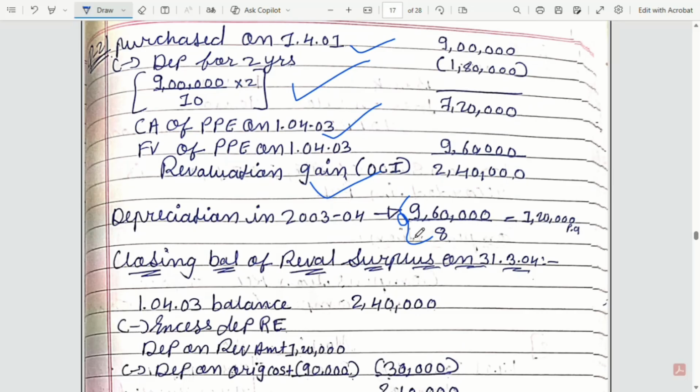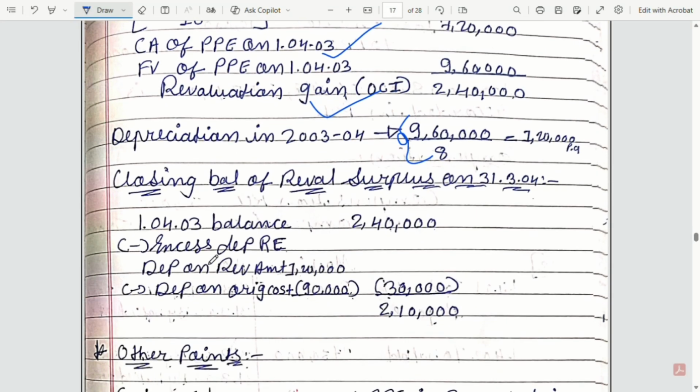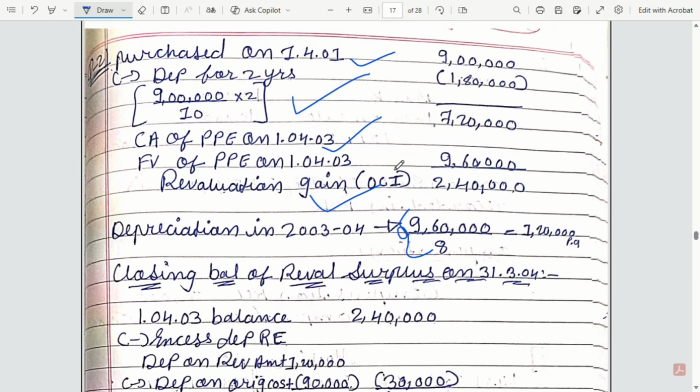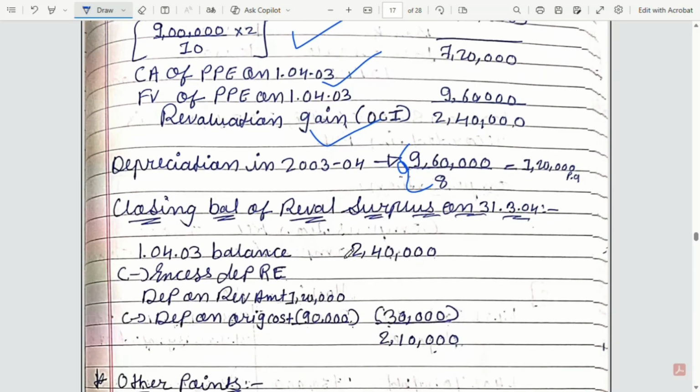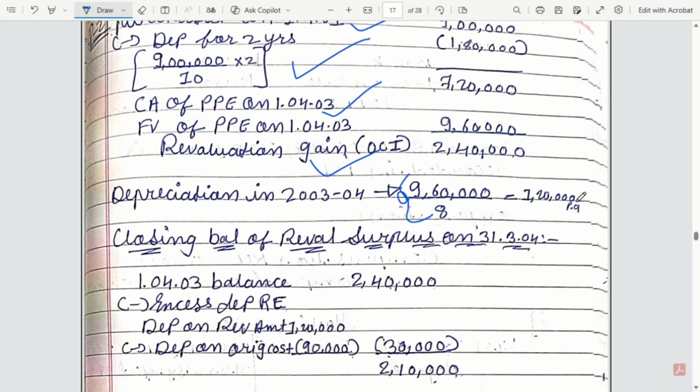So here we have got gain of 2,40,000. Because of revaluation, we are getting excess depreciation. Before we were getting 90,000 depreciation per annum, but after revaluation it's coming 1,20,000 per annum.